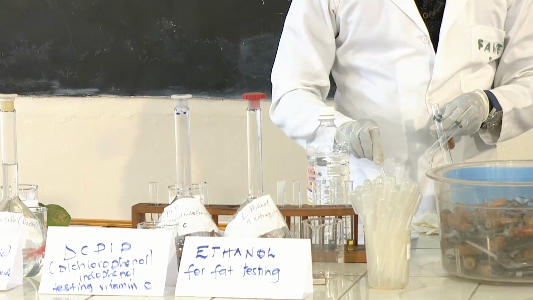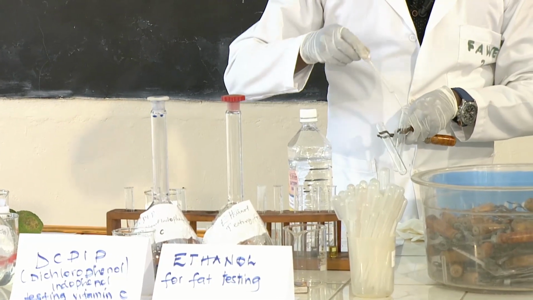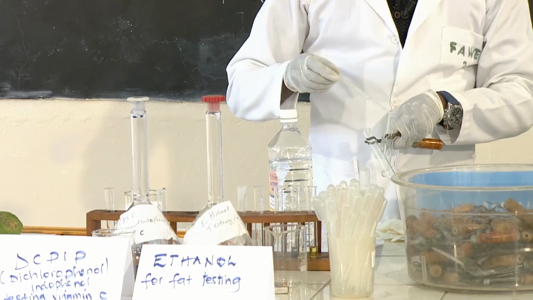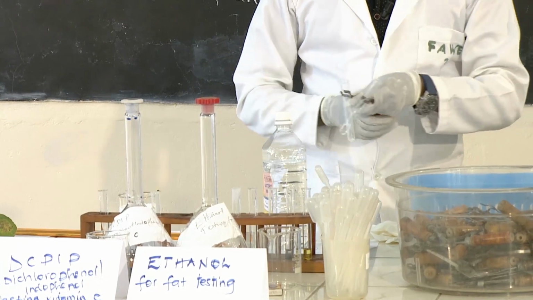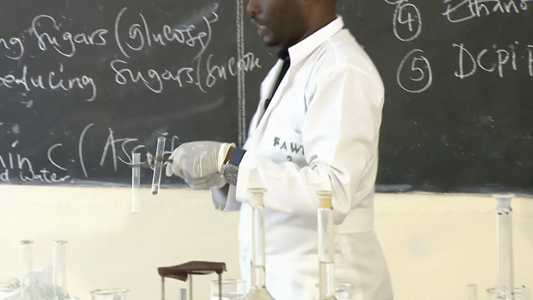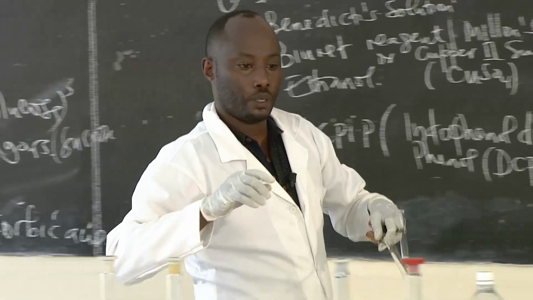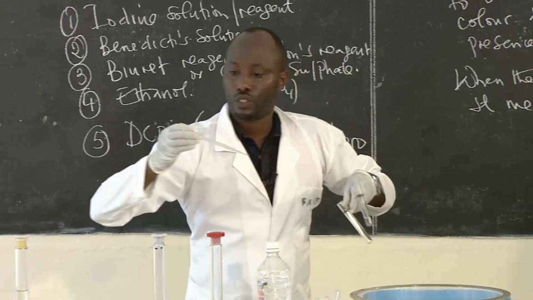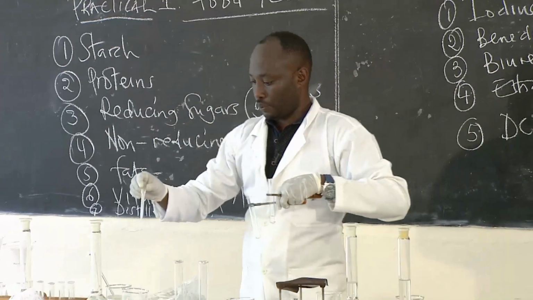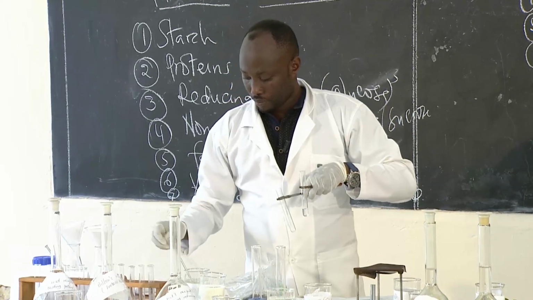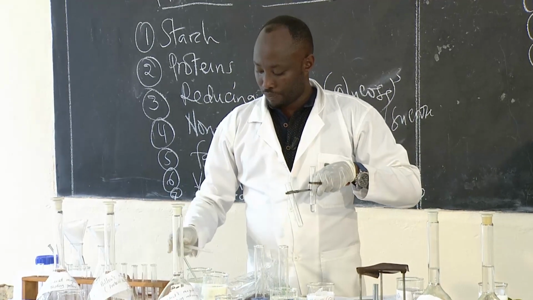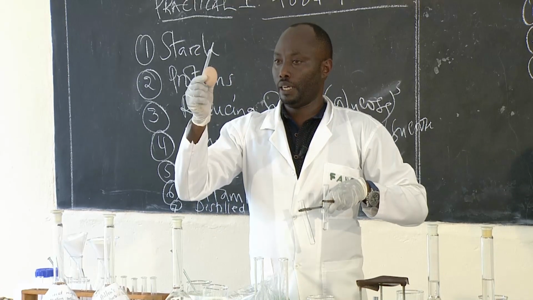I will put water in 1 test tube, which is sample G. Then in another test tube, I will put a protein. I will use the protein to see if there is presence of proteins. Here, this is an egg albumin. I extracted the egg albumin from here.